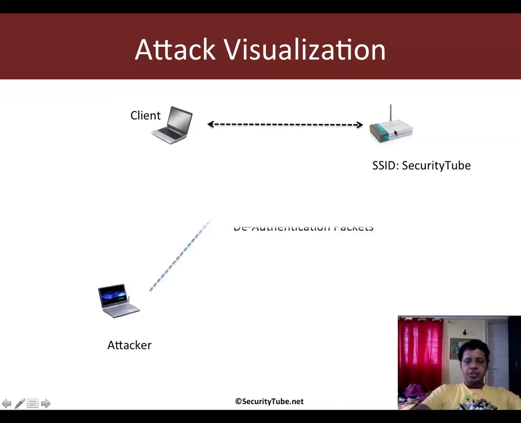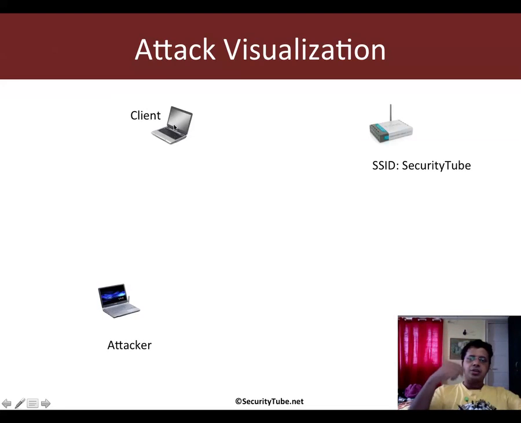So the first thing he will do is send a deauthentication packet to break the connection between the client and the legitimate access point. Now, once this happens, this client will once again start trying to find the access point with SSID SecurityTube. Now, currently think about it from the client's perspective. There are two access points.